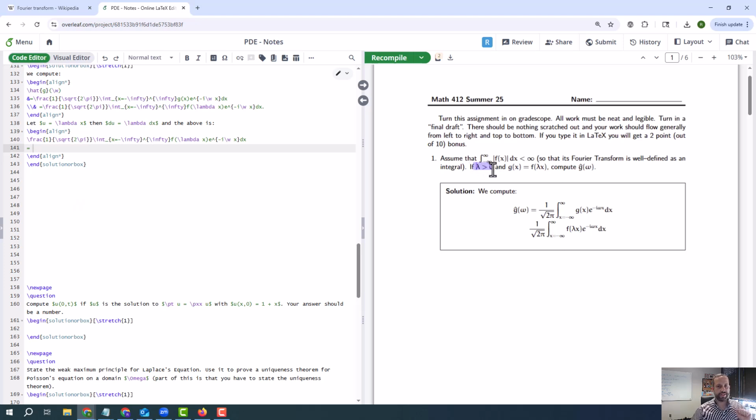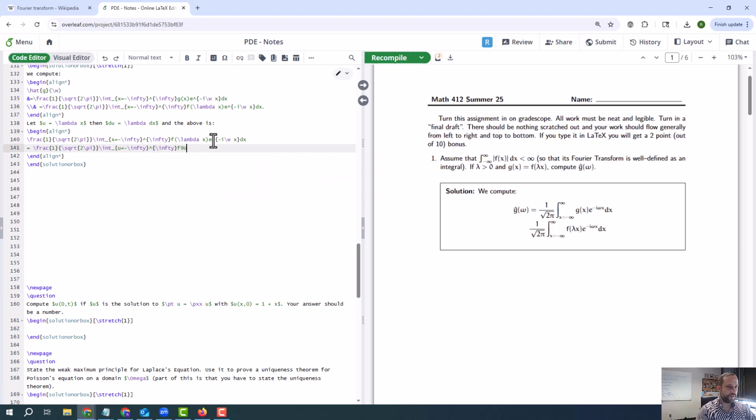I didn't realize that. So there's not going to be any problem here. If x is equal to minus infinity and u is equal to lambda times x, we're going to have the integral going from u equals minus infinity as well. And similarly, the upper limit is going to go to positive infinity.